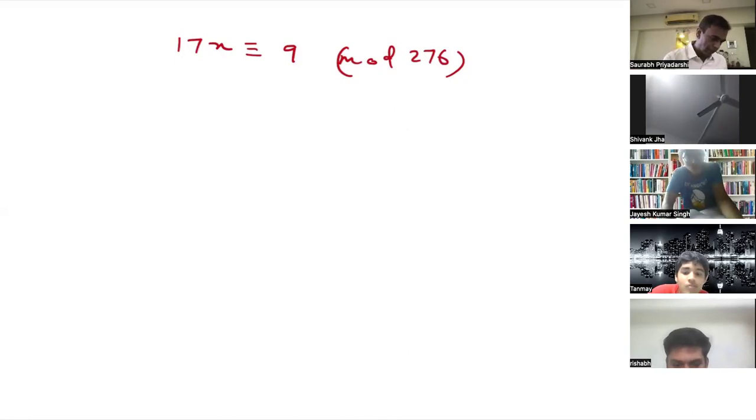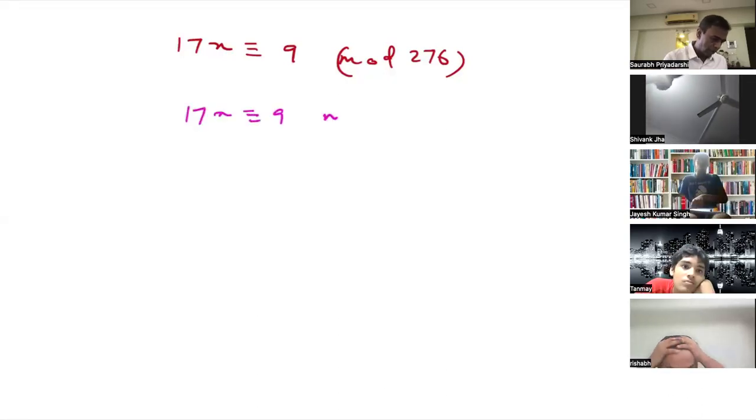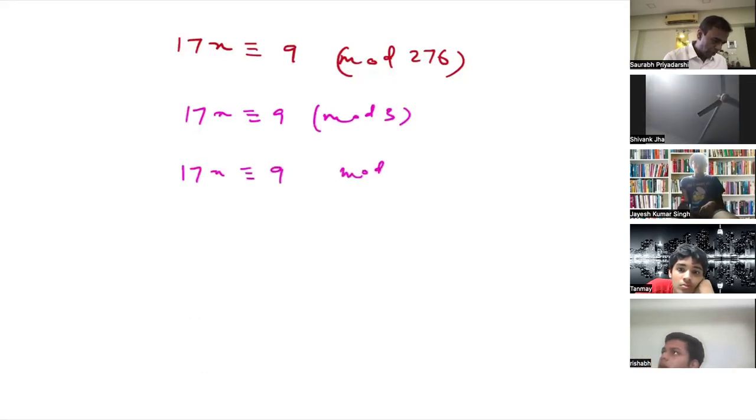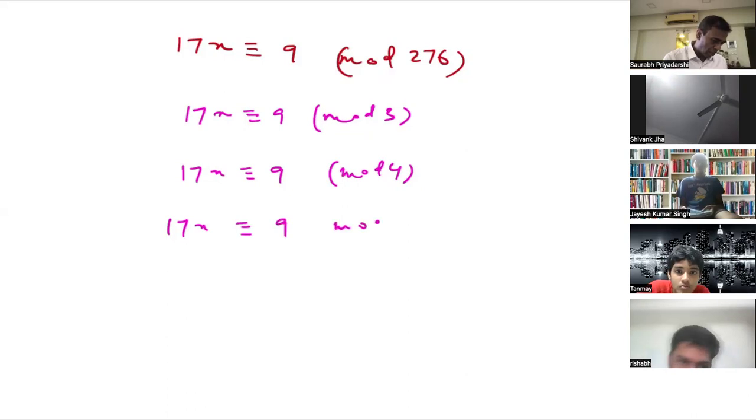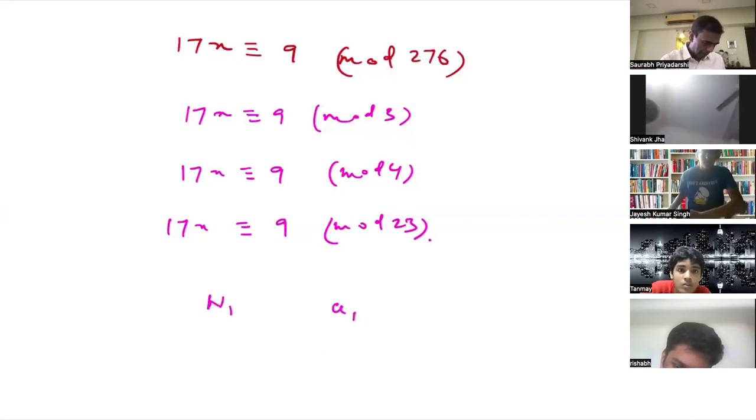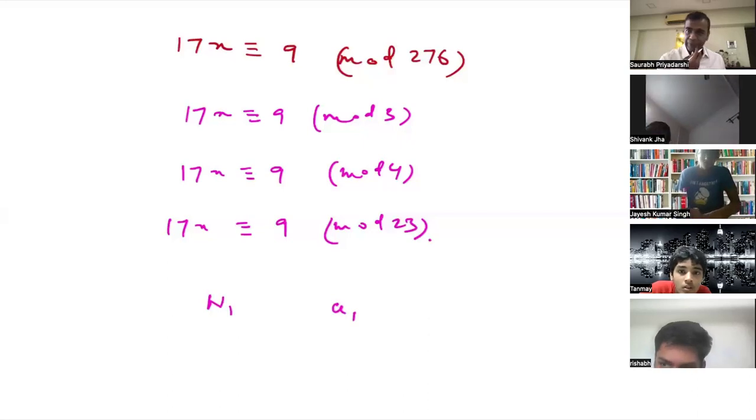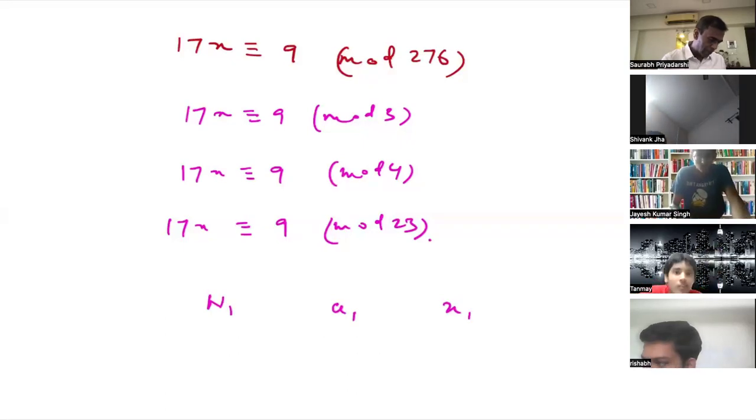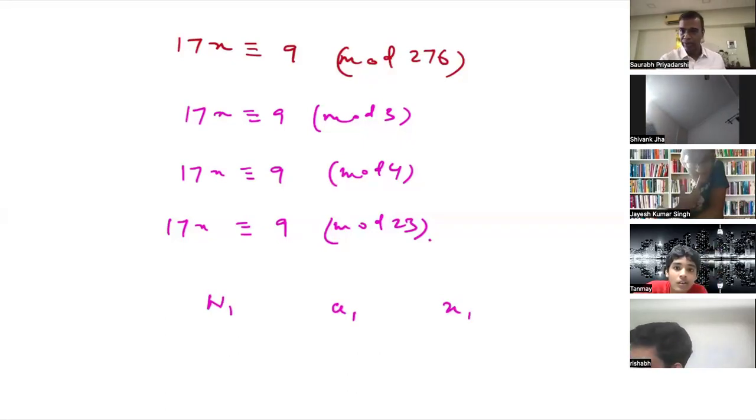So in this case, we have 17x congruent to 9 mod 3, 17x congruent to 9 mod 4, and 17x congruent to 9 mod 23, right? So again, what we have to do, n1, a1, बट सर इसको 6 into 2 into 23 भी लिख सकते हैं ना? You have seen that, and x1, and a2, n2, and x2, and all the three numbers we can find, right?